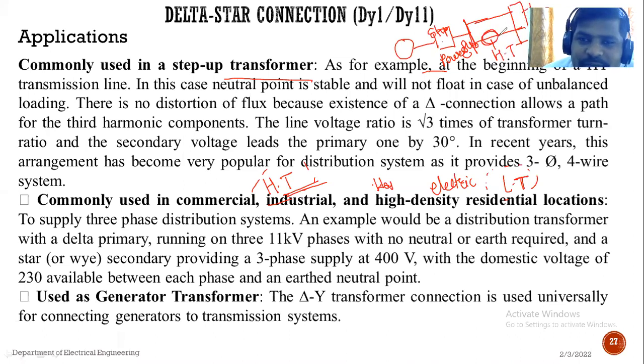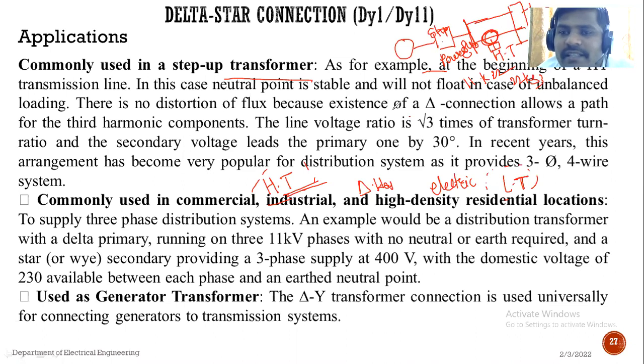At the starting of an HT consumer, to step up the voltage, whether it may be 11 kV to 22 kV, or 22 kV to 33 kV, this transformer is generally used. Because of the star connection on the secondary side, it is a stable neutral point and will not float in case of unbalanced loading.